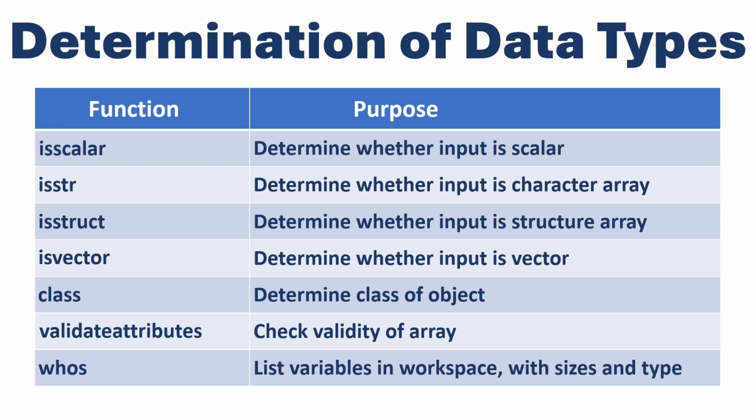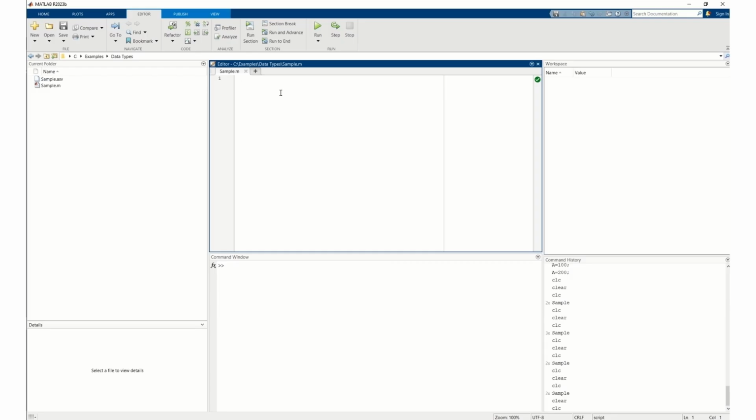Let's create a script file and cover a few of the functions explained earlier. Now let's see a few functions for identifying data types of a variable.